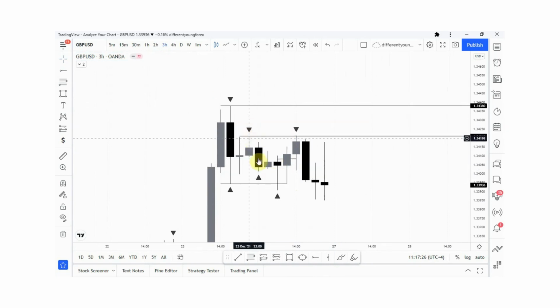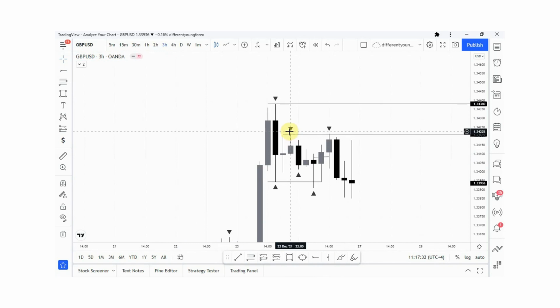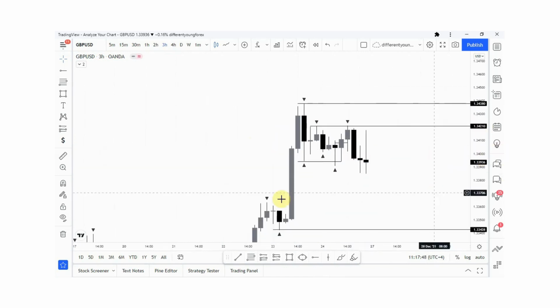Now it can easily go all the way to this high, but we are only looking for the minimum criteria to be met, which is this liquidity will reach at least this liquidity. I mean 9 out of 10 times this will do that. But why didn't it just continue with the bullish momentum? As you can see, our order flow is bullish.